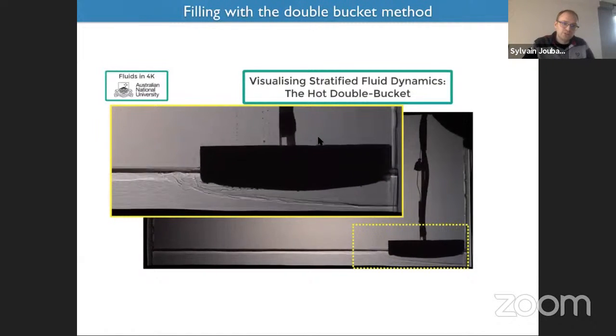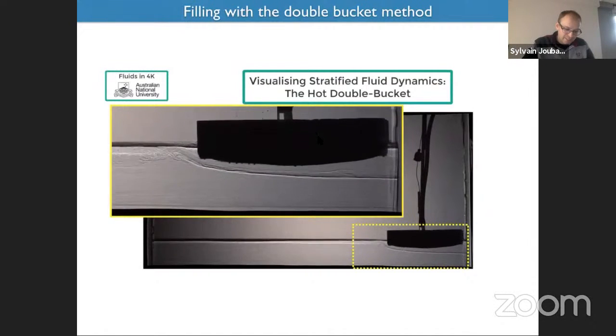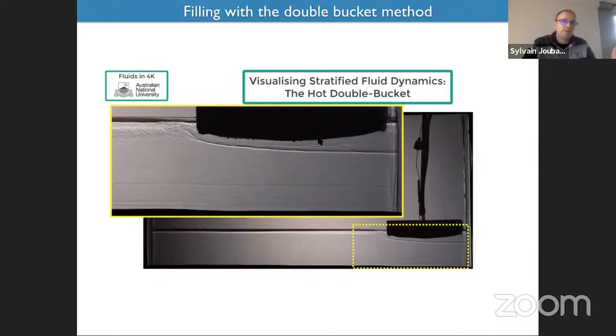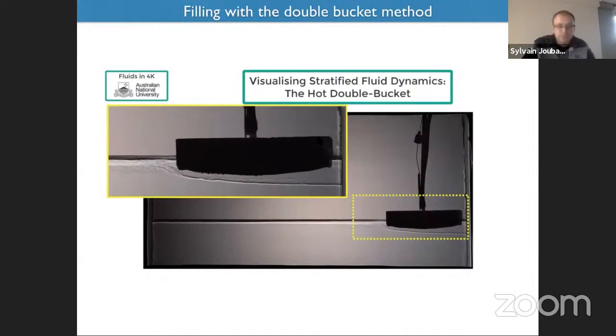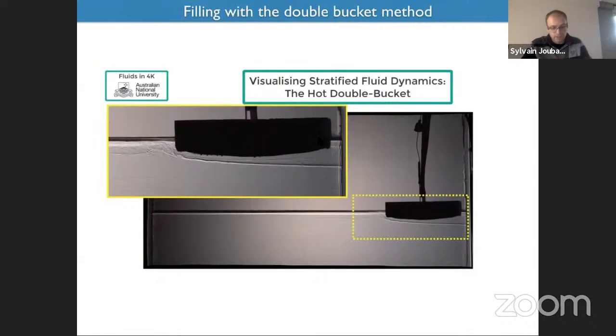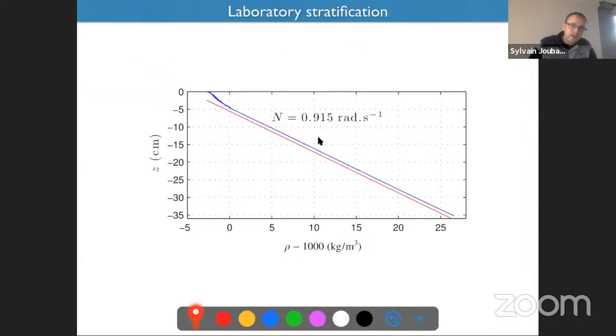Since you don't want a filling that takes 3 hours, you're going fast, and it's a very classical problem. If you go too fast, you have some layering in the stratification. It's what you see in this movie. If you reduce the flow rate, it's what we have in the lab, such as in this experiment, and here you have no layering at all. So that's a question of the fast stratification.